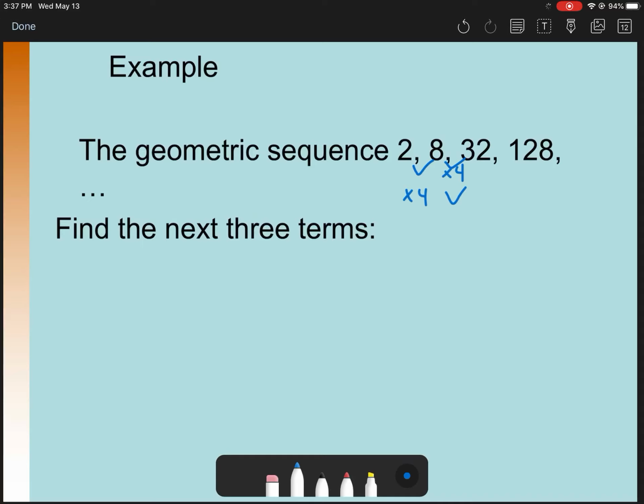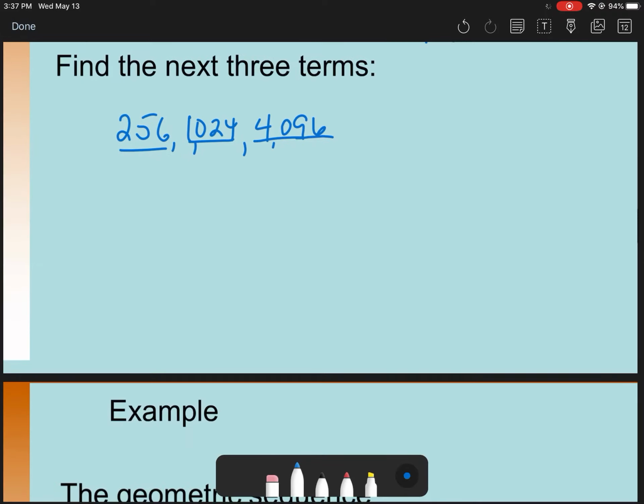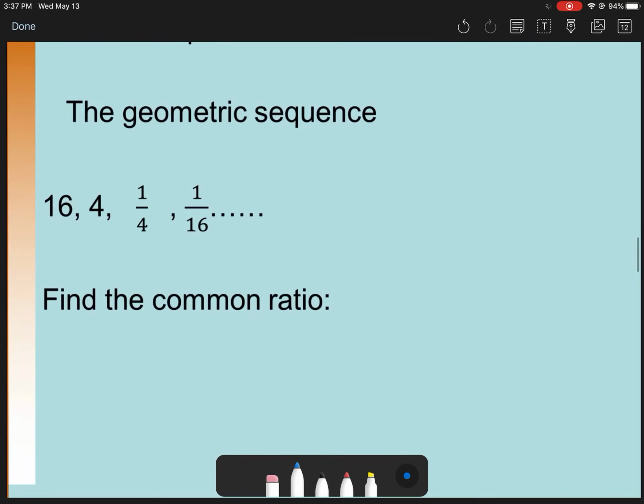Okay, to find the next term, 128 times 4 is 256. We have to find the next 3 terms. Okay, 256 times 4 is 1024. And then multiply that by 4 again, and we get 4096. Okay, and there are your next 3 terms.